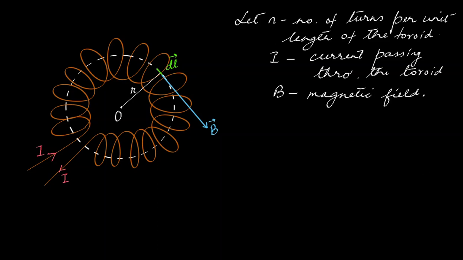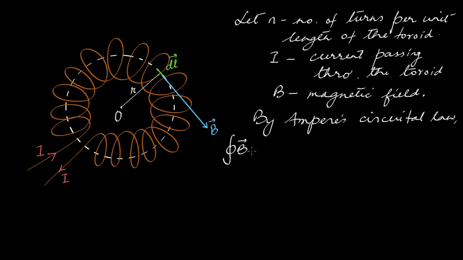So by Ampere's circuital law, the line integral of the magnetic field, B dot dl, is equal to mu naught times the current passing through, not through the entire toroid, it is the current passing through the loop.